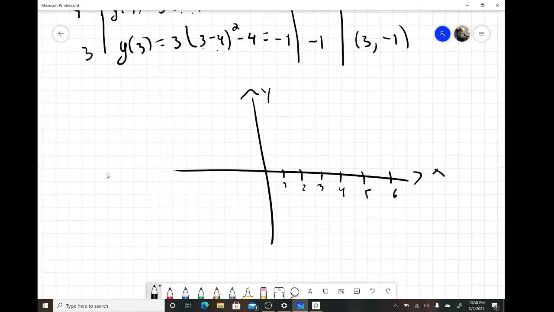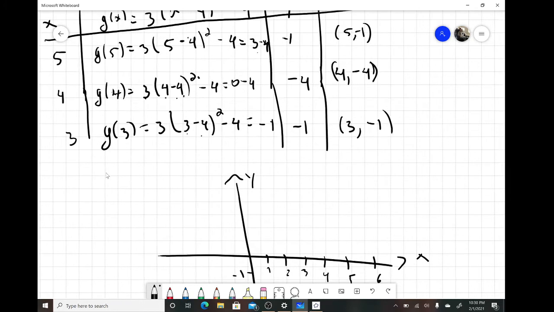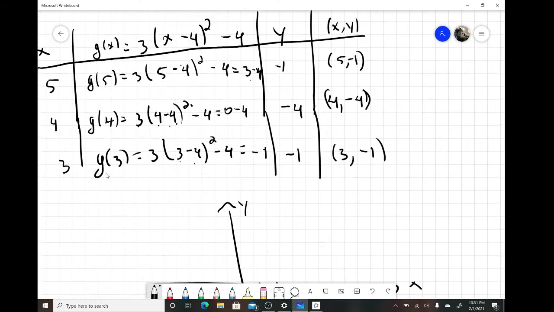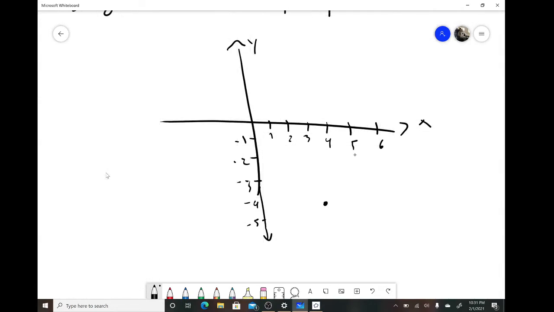And I'm going to go down to minus 5, so I have minus 1, minus 2, minus 3, minus 4, minus 5. And we have the point (4, -4) down here. That will be our vertex. Then we have (5, -1) and (3, -1). So we have (5, -1) somewhere up here, and then (3, -1) is somewhere up here.